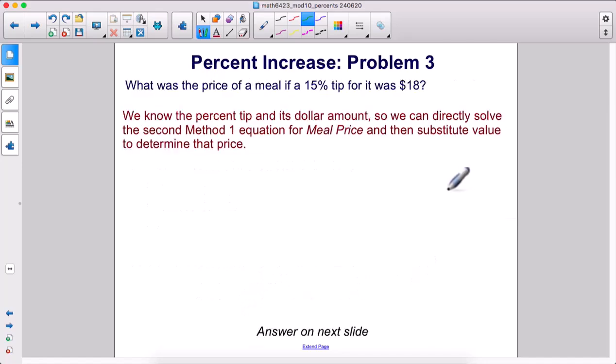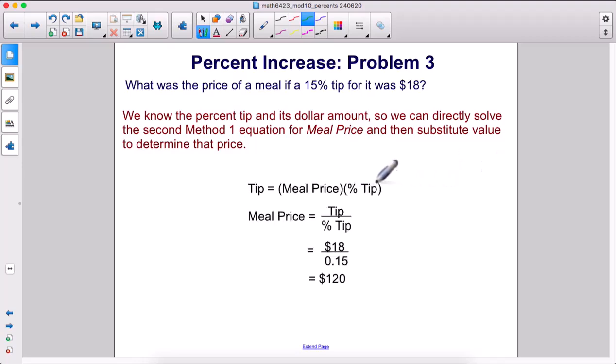What was the price of a meal if a 15% tip for it was $18? We know the percent tip and the dollar amount, so we can directly solve the method 1 equation for the meal price, then substitute the value to determine that price. Here's the equation. Remember, this is the equation to find the tip.